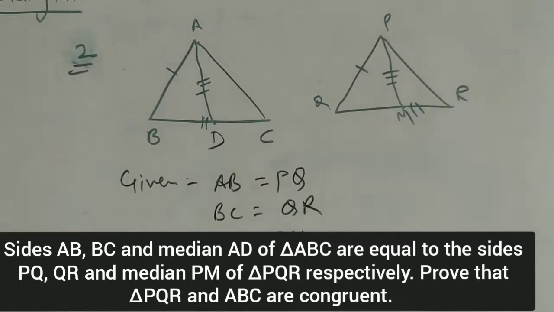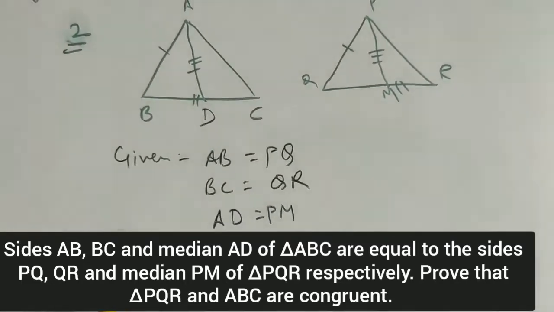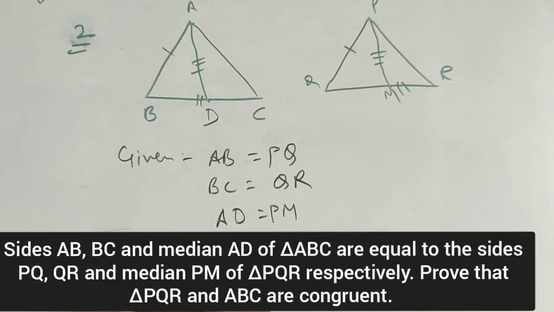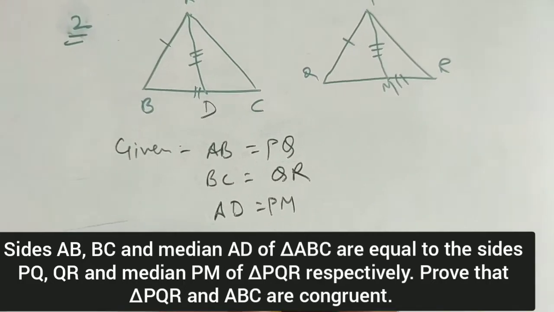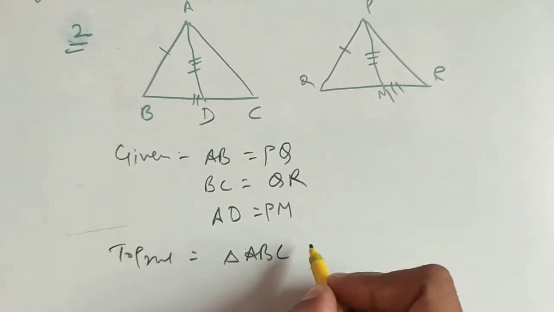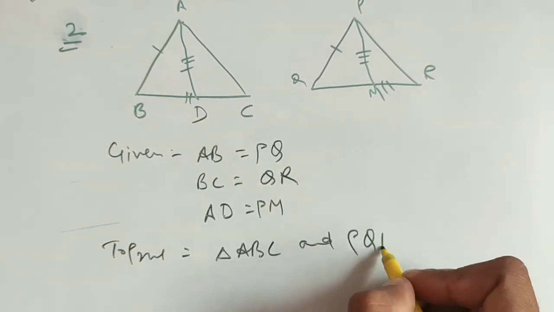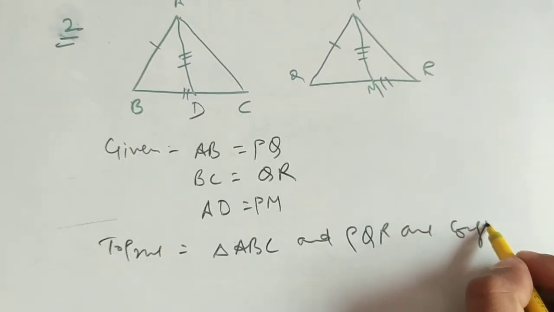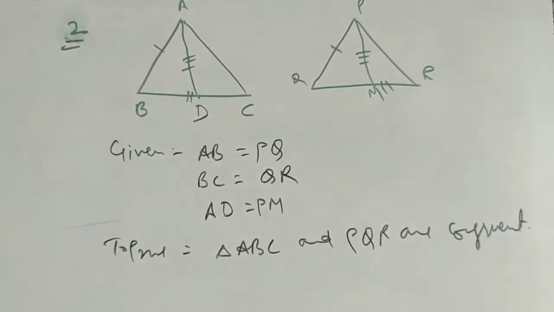It is given in the statement that AD and PM are the medians. Now we need to prove that triangle ABC and PQR are congruent. We have to write down this.